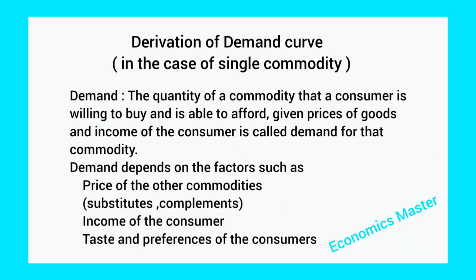If the price of tea increases, the demand for coffee increases because both are substitutes. Then complementary goods like bread and butter. When the price of bread increases, the demand for butter decreases because both are complementary goods.